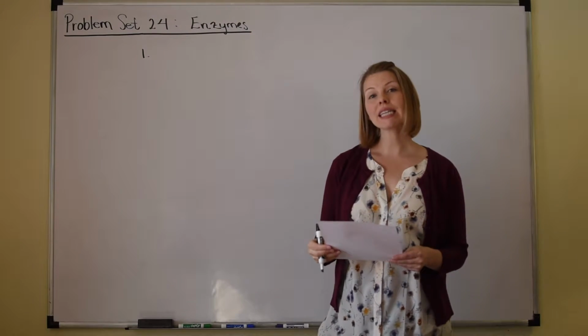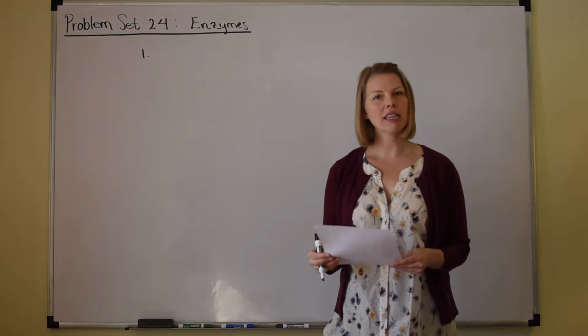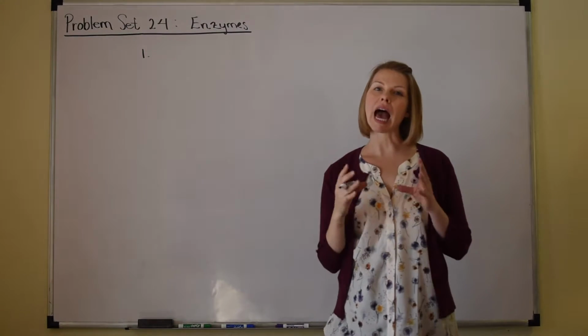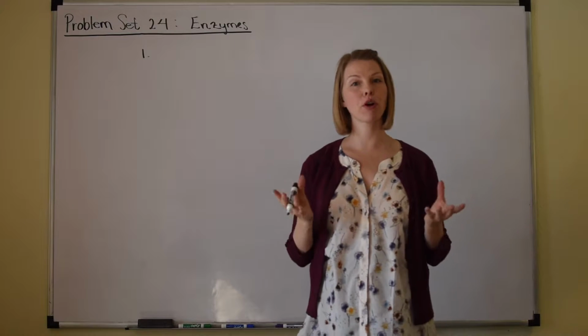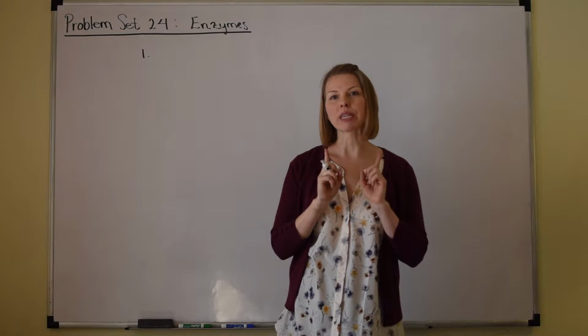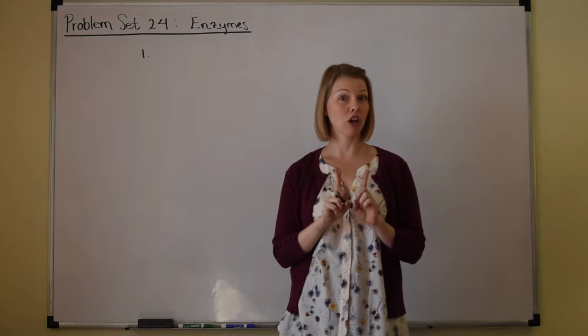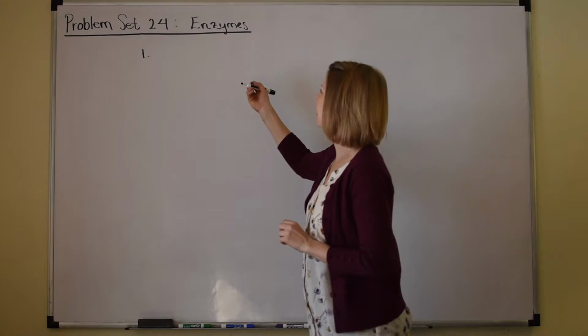Number one, what is the active site of an enzyme? Remember that the active site is a small pocket in that globular protein where the reaction actually occurs. So it's right up here.